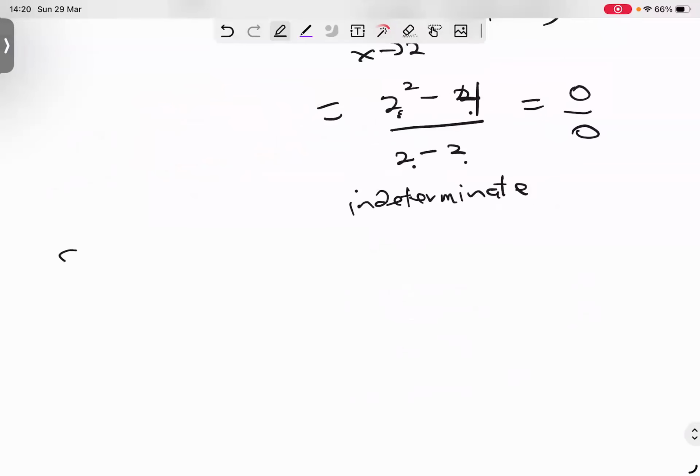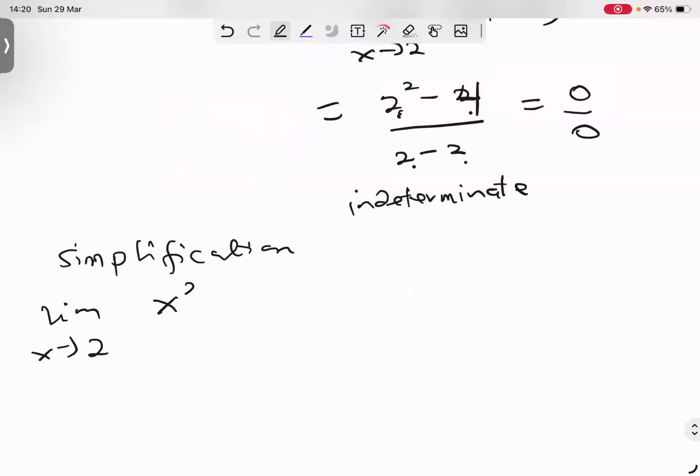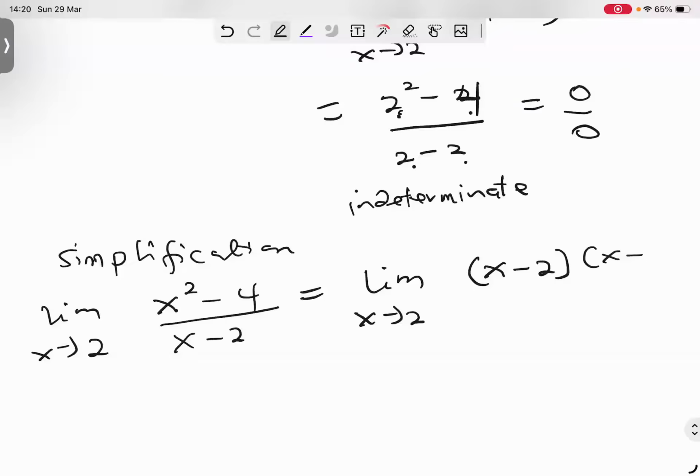So in simplifying, because we are getting indeterminate, we go back to the function: the limit as x approaches 2 of x squared minus 4 divided by x minus 2. This is the same as the limit as x approaches 2 of x minus 2 times x plus 2, divided by x minus 2.